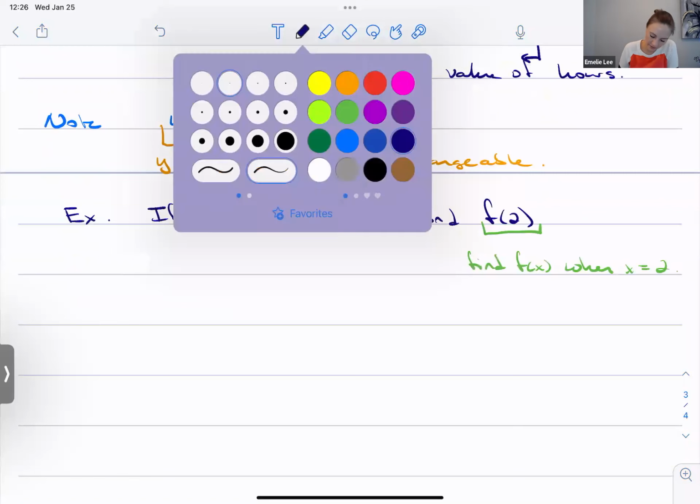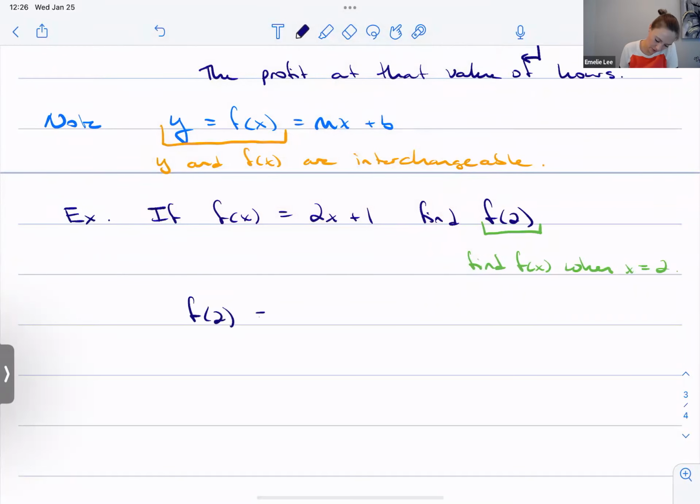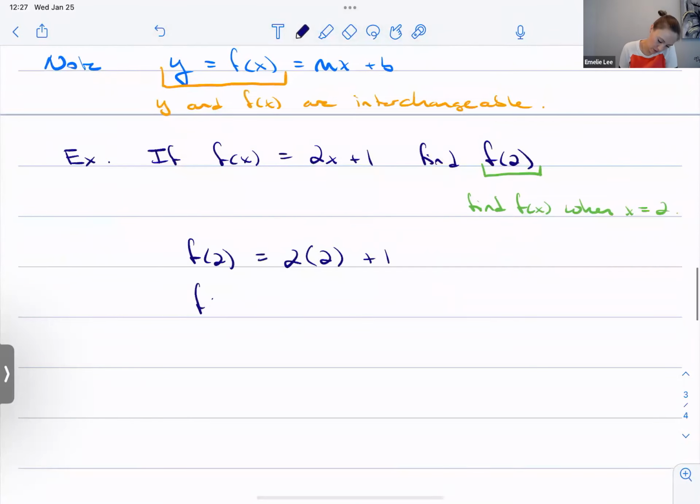What I have then is f of 2 is 2 times 2 plus 1. 2 times 2 is 4, and then plus 1 makes 5. So f of 2 is 5.